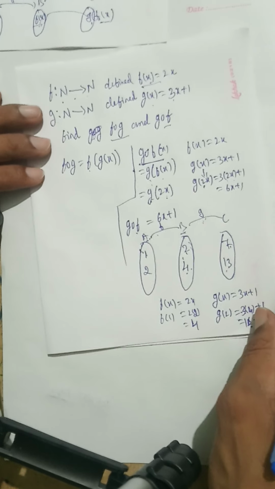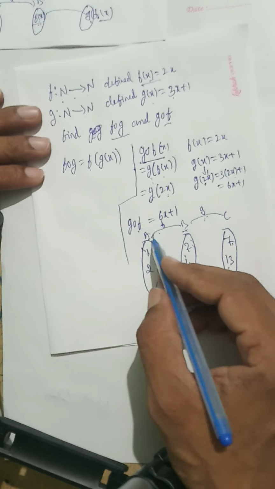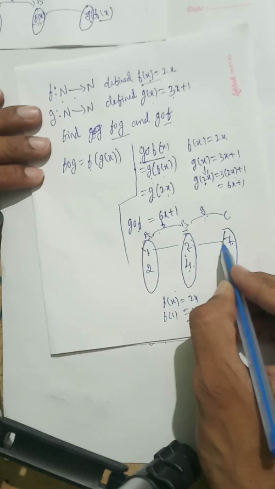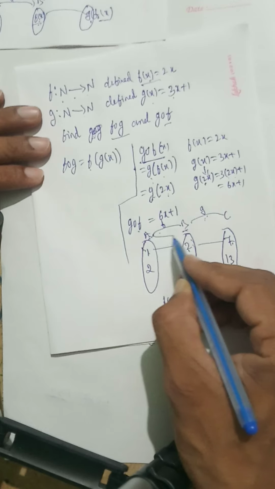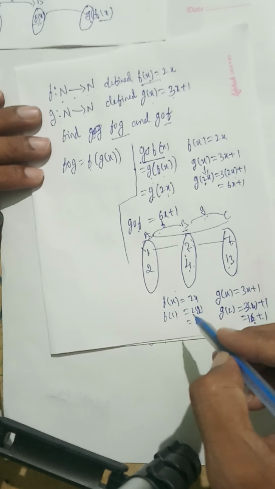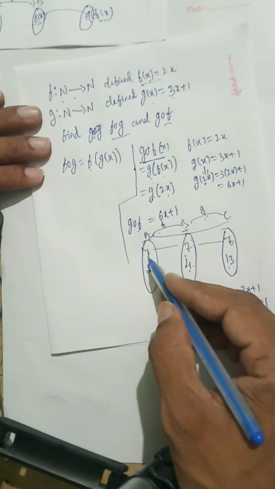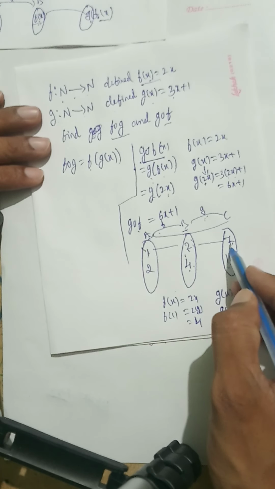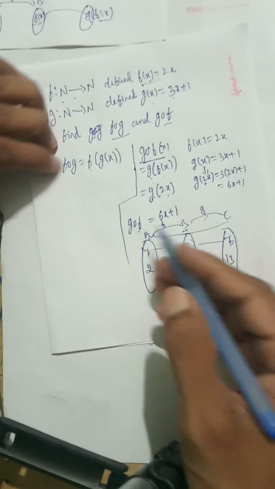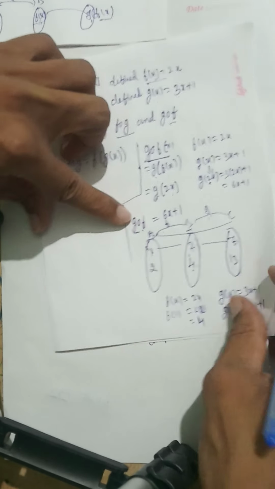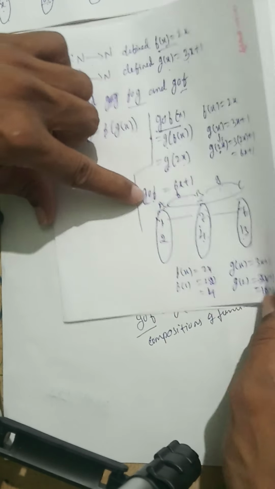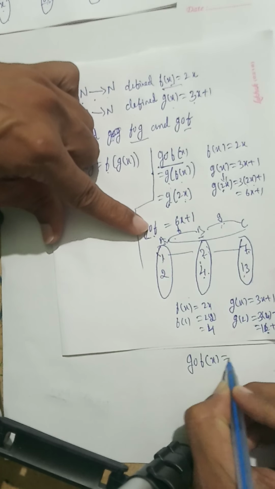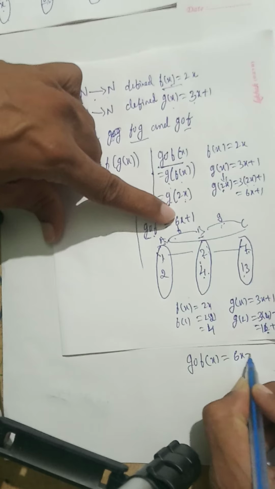I have found out A to B, and B to C. What about A to C directly? Putting input as 1, I will get output 7 here. Let me check with the gof function. The gof function for x is 6x plus 1.